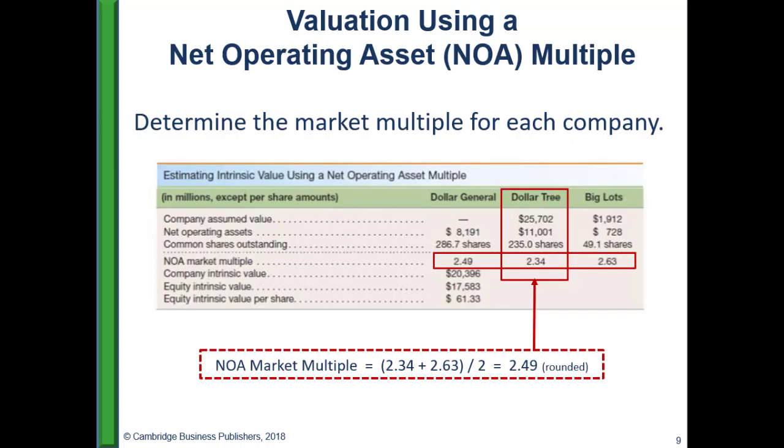So let's start off with NOA. And again, this is a preferable method, but it's not the more commonly used method that everybody's using. For Dollar Tree, we figure out the net operating assets are $11,001.